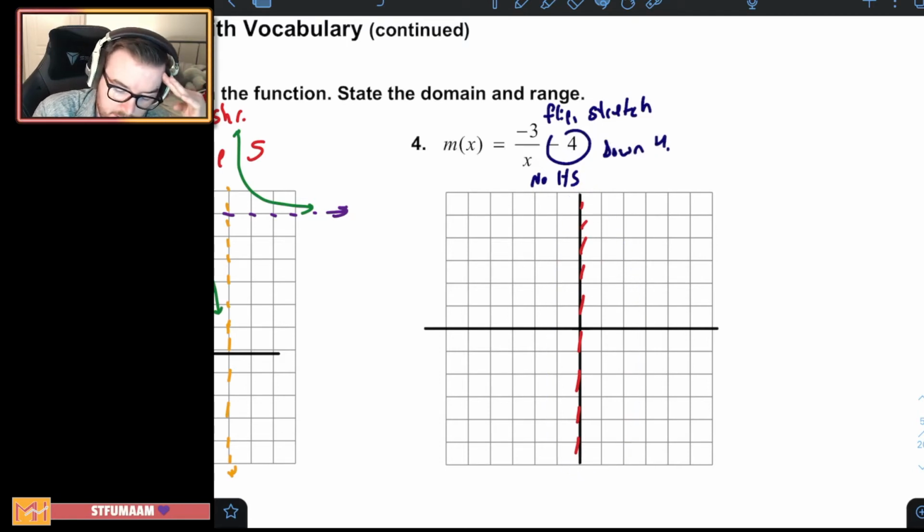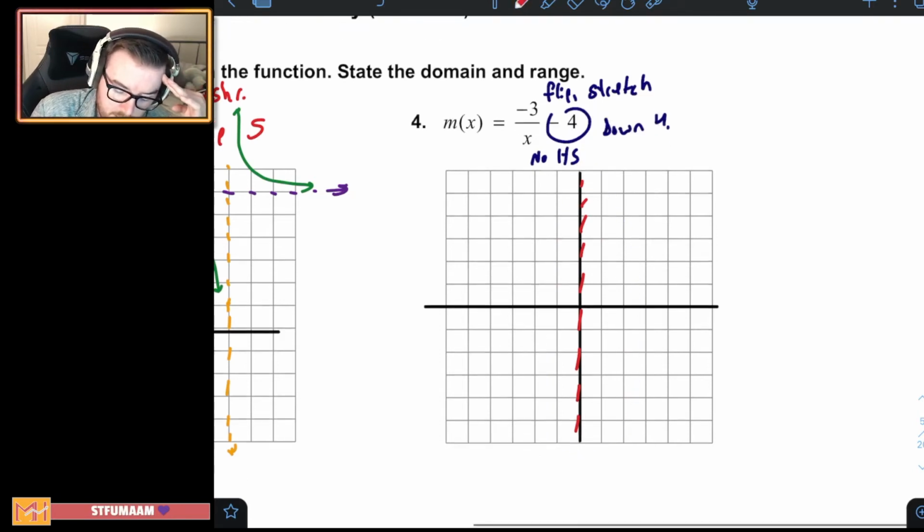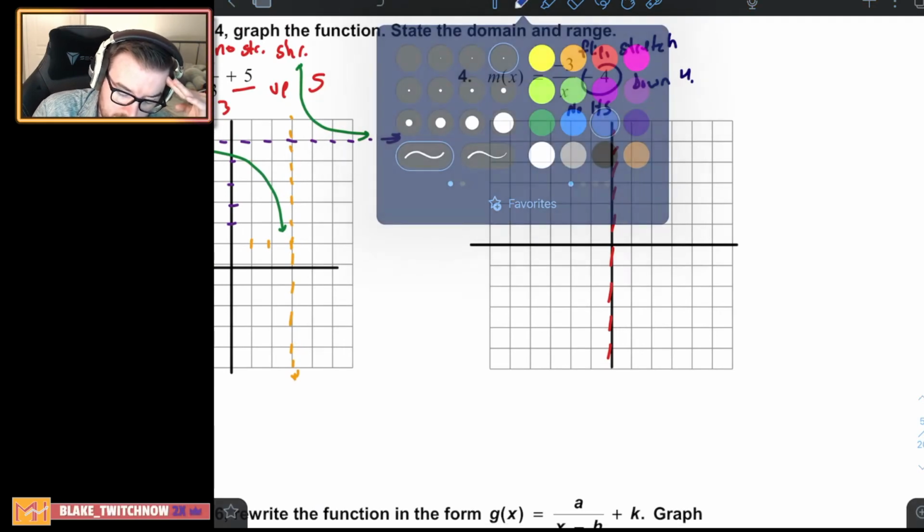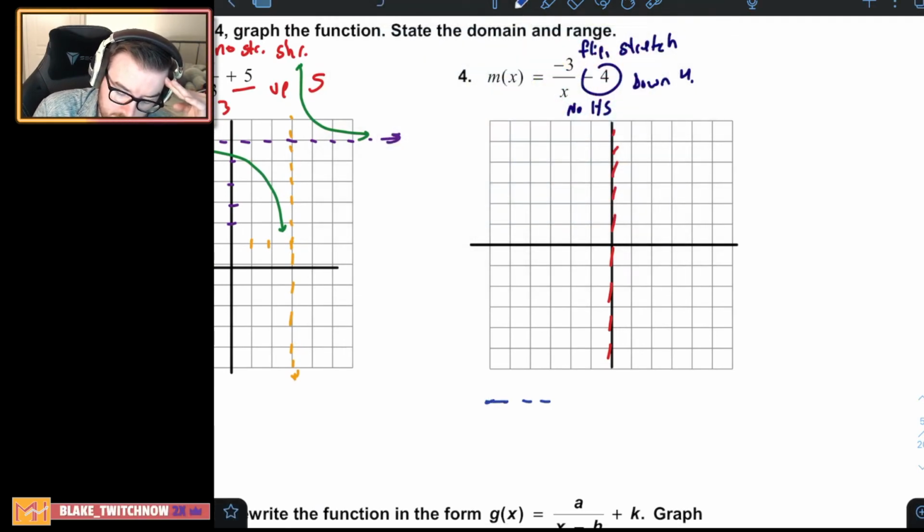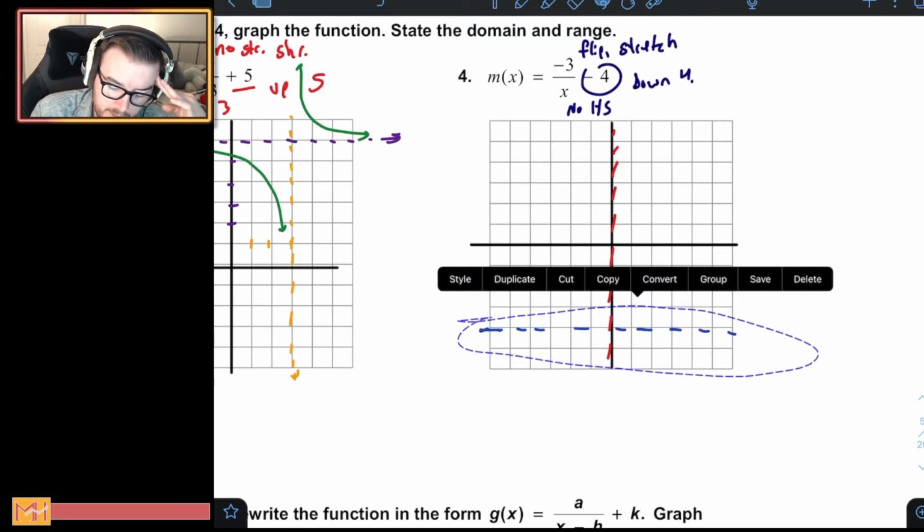Okay? But our horizontal asymptote, sorry if I misspoke, I flip back and forth between the two, is being shifted down 1, 2, 3, 4. Okay?